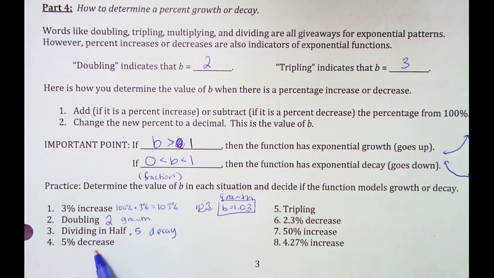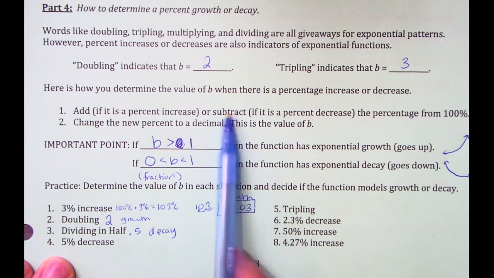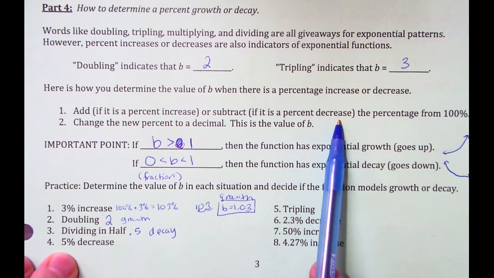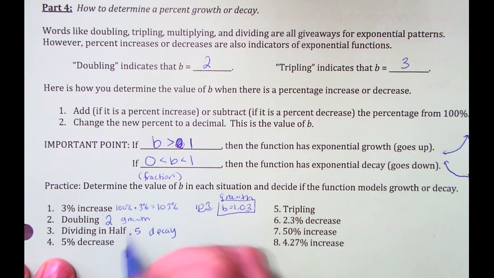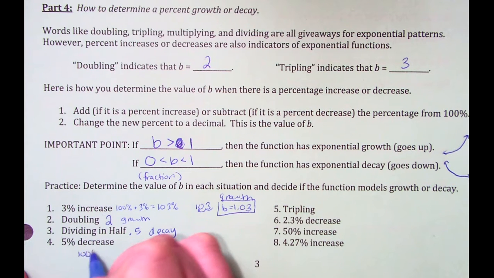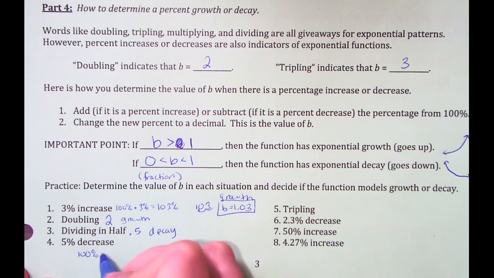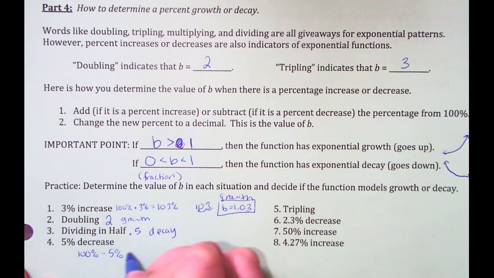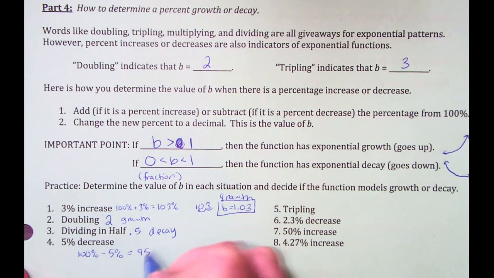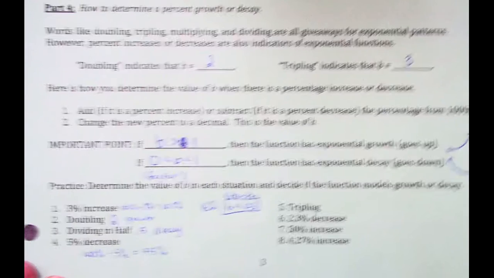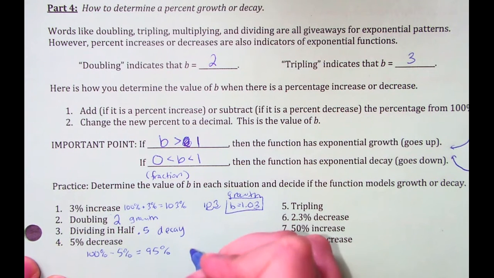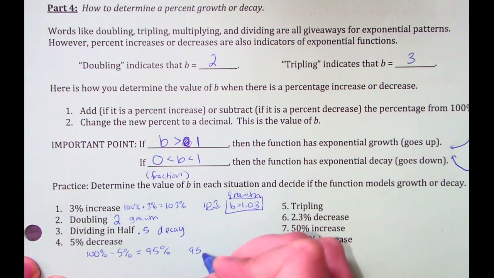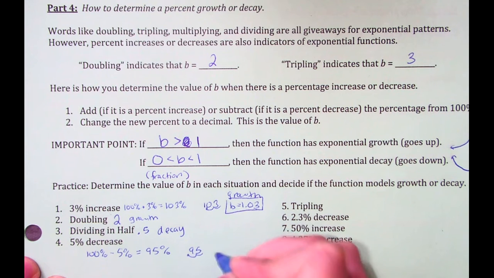It says a 5% decrease. For this percentage, to figure out what b is, if the percentage is a decrease, which it is, you're going to subtract the percentage from 100%. So let's do 100% minus 5% equals 95%. Change that to a decimal, you move it over 2 to the left.